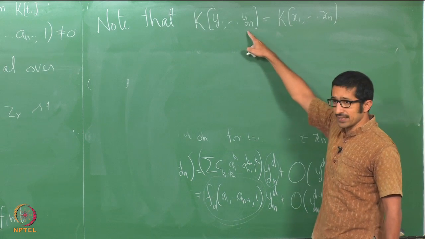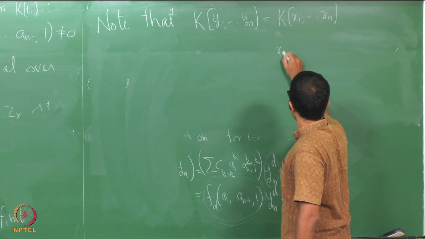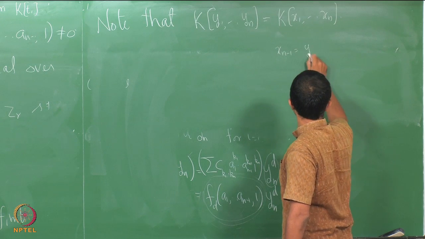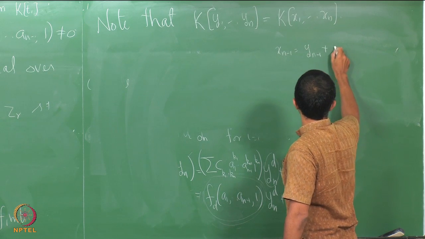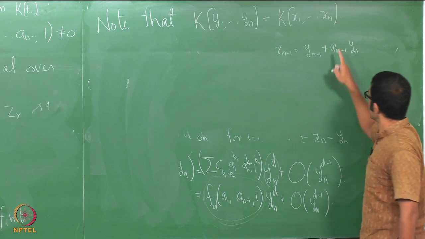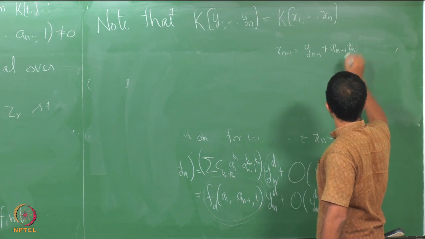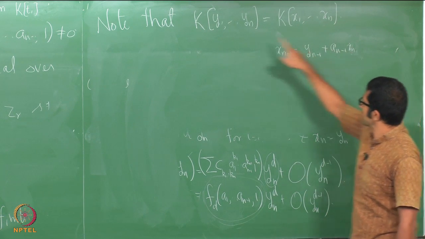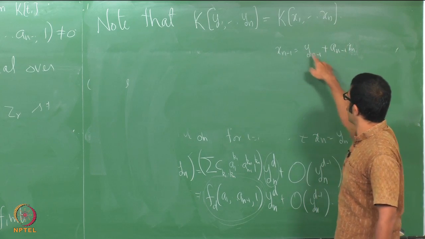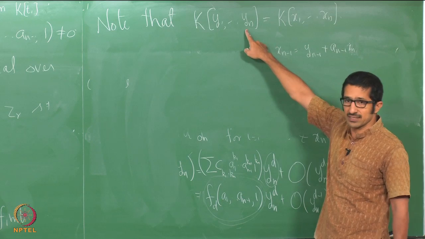Xn is yn, therefore, now x_{n-1} is y_{n-1} plus a_{n-1} yn. So, this is xn, right. So, xn is here, therefore, y_{n-1} is here, so therefore, x_{n-1} is here.